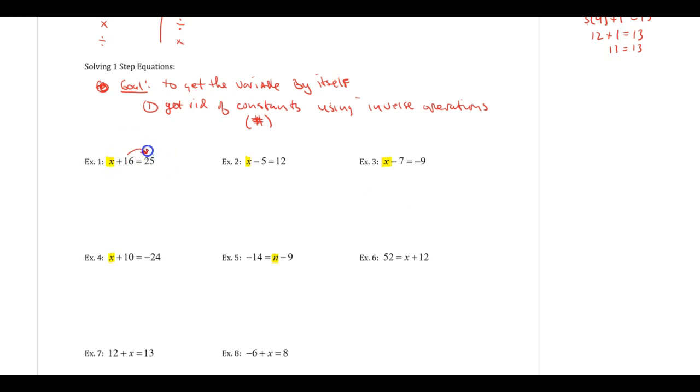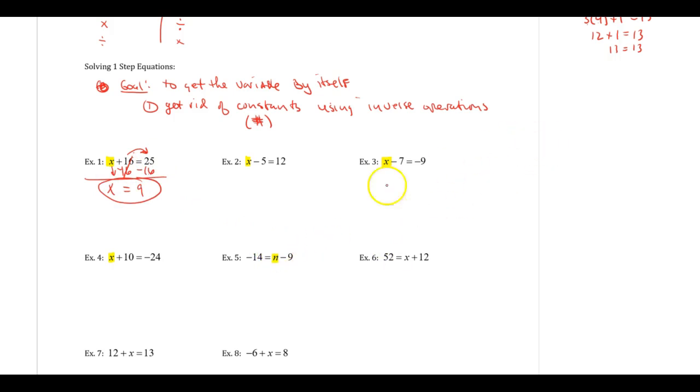But in order to get rid of it here, if this is linked by addition, I have to subtract it on both sides. What I do to one side, I have to do to the other side. So what is 16 minus 16? 0. So I bring down my x equals 25 minus 16 is 9.